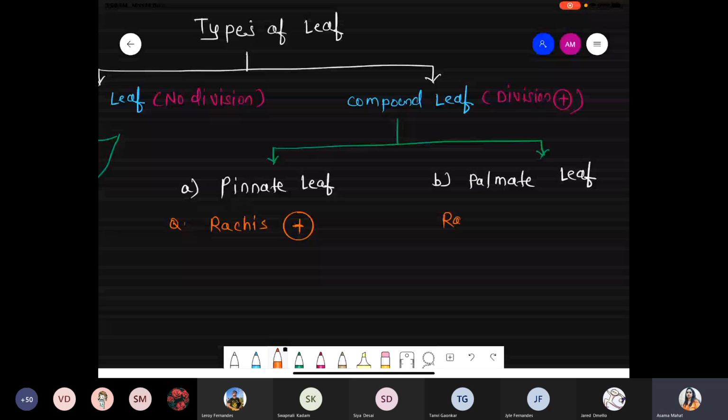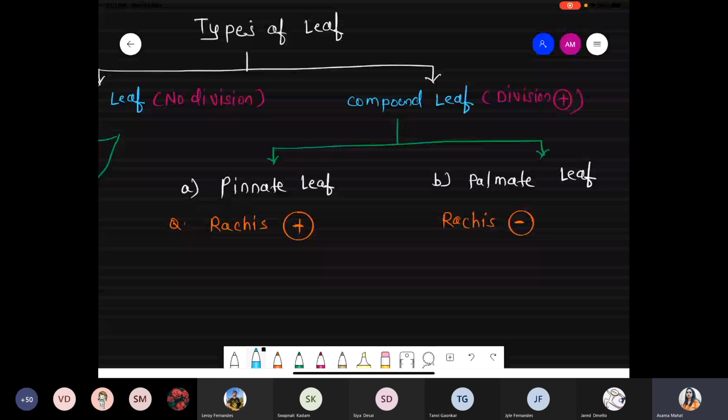So what is the meaning of the rachis? Rachis is nothing but what is called the primary stem axis, the middle part where multiple leaves get attached. So on the basis of the rachis, it is divided into two types, pinnate and the palmate.